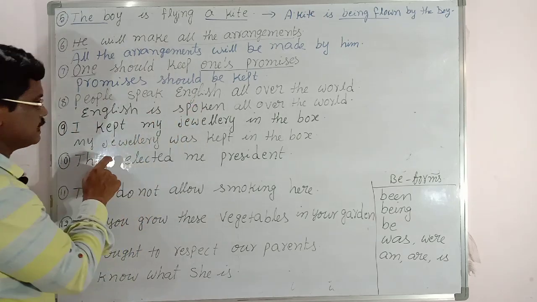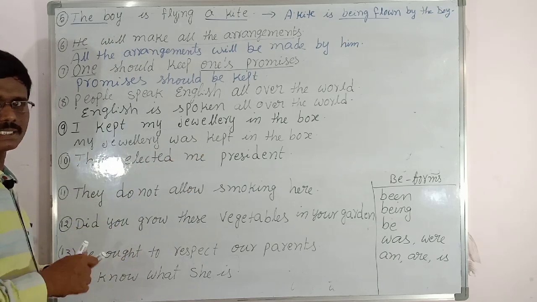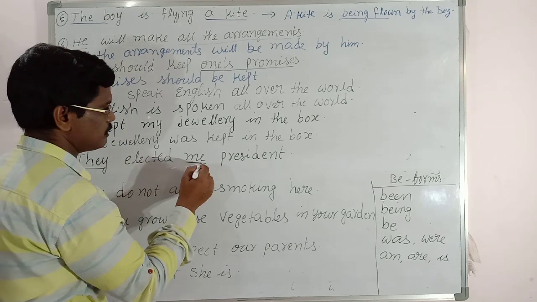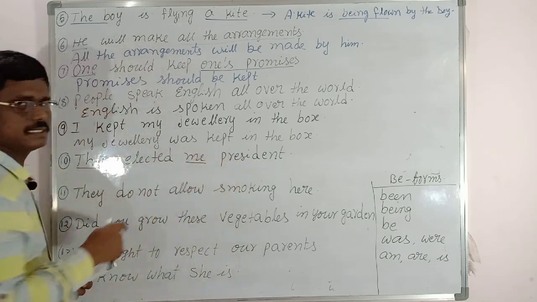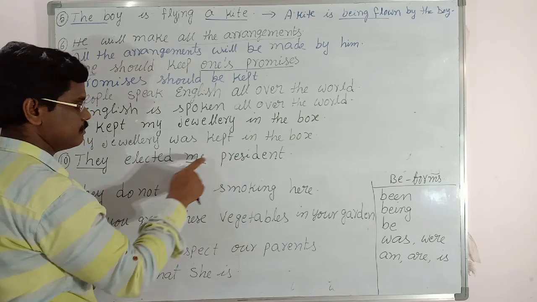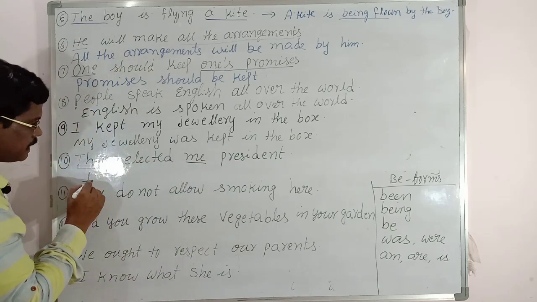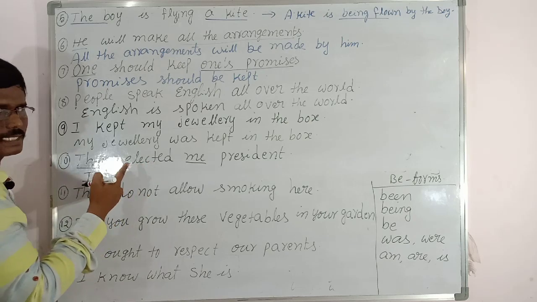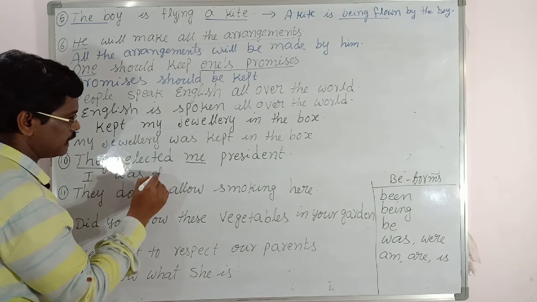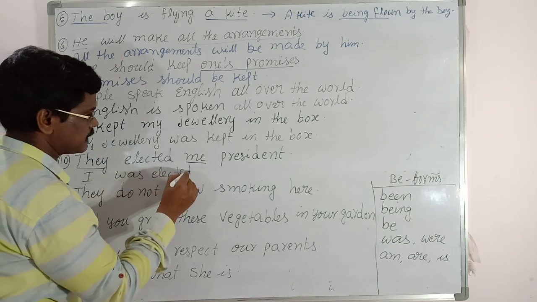Now let us see. They elected me president. They is the subject, me is the object, and president is a complement. Be careful. This is an object complement. This is not the object, me. So me changes to I. Elected, that is verb 2. I means was, verb 3. I was elected.